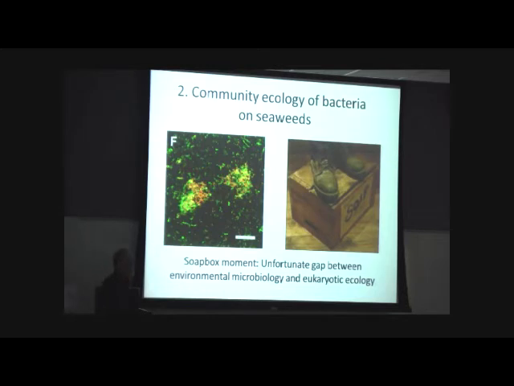Somebody else had a soapbox moment earlier, I can't remember who. This is my soapbox moment, which I've probably already done: arguably the greatest diversity, greatest biomass, greatest everything of living organisms on the planet are microbes. If you took away coral, seaweeds, and fish, the planet would continue very happily.